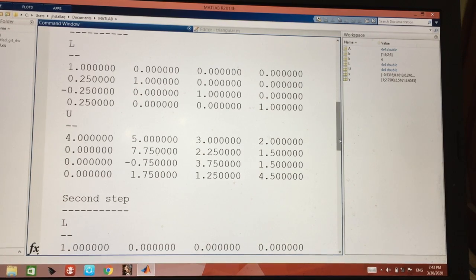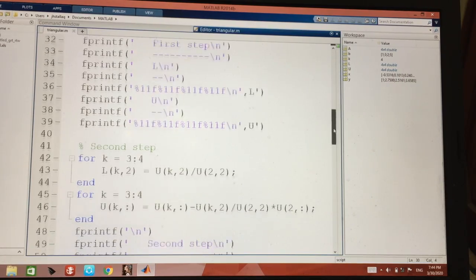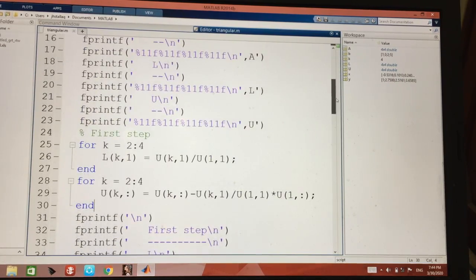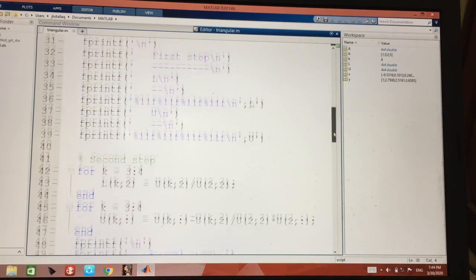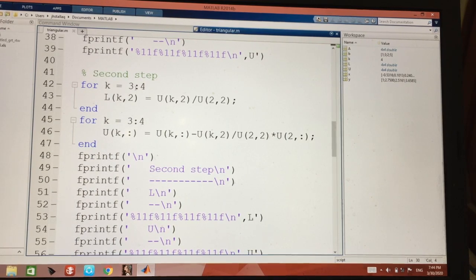We repeat for the second step the same way. Now I'm demonstrating this on MATLAB. If we go back to the program here, the second step, in the first step we started at 2. Now we'll start at 3, because we have 2 elements, U32 and U42, and we modify this. Instead of 2, this becomes 3, instead of 1, this becomes 2.